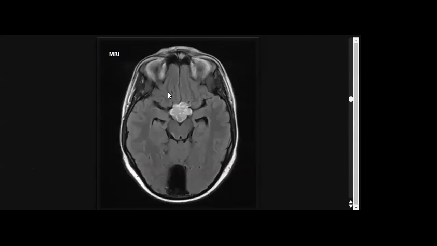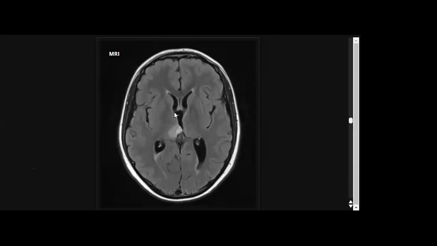I just want to have a look at the ventricular region, please. I could see there is a high signal here within the thalamus, right thalamus, and within the third ventricle as well. I believe this could be an extension of the lesion.